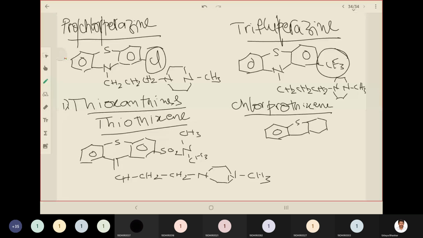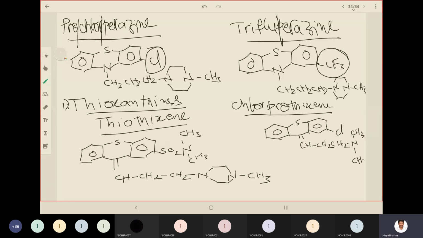Okay, here instead of the sulfur dioxide side chain, you have a chlorine atom at the second position. Fine. And the side chain again is an alkenyl chain, double bond CH, CH2, CH2, N, CH3, and CH3.